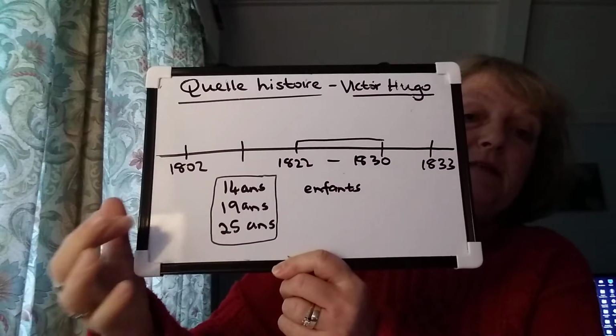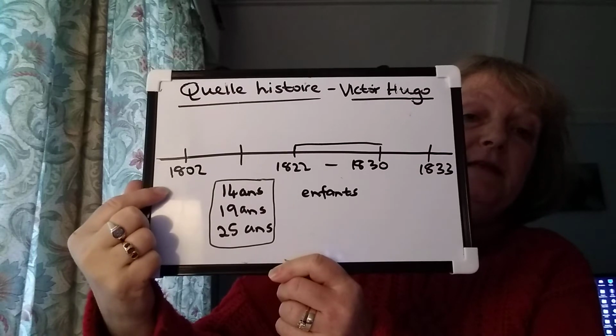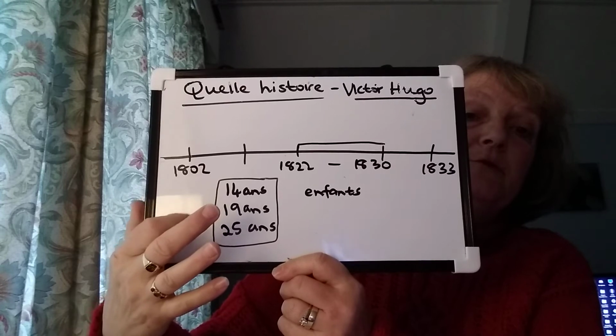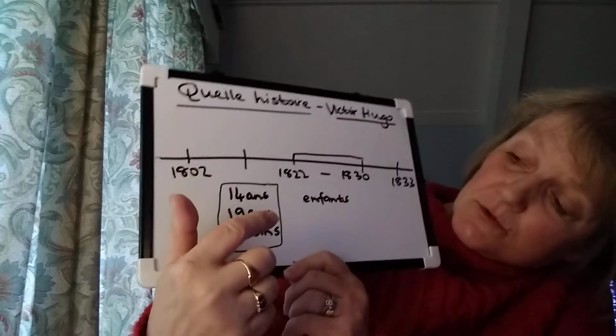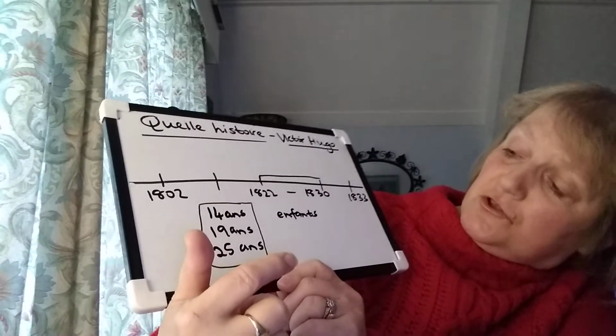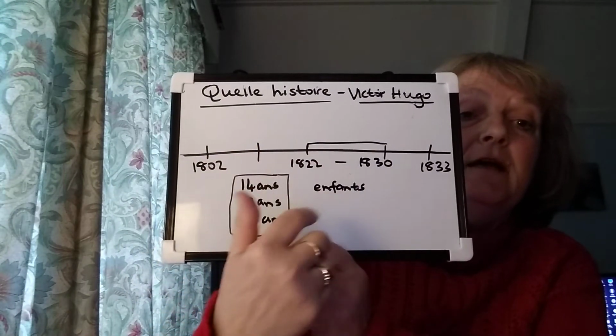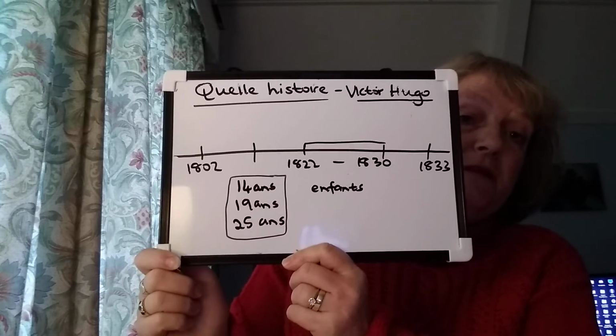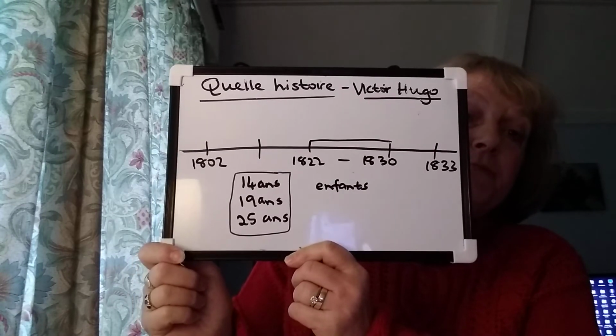So I want these dates pointing out for you to listen to. 1802, these years of age, what happened to him? 14, 19, 25. 1822 to 1830, this period of time, and children. And then 1833. Okay, you can stop this and pick these dates up whenever you want.